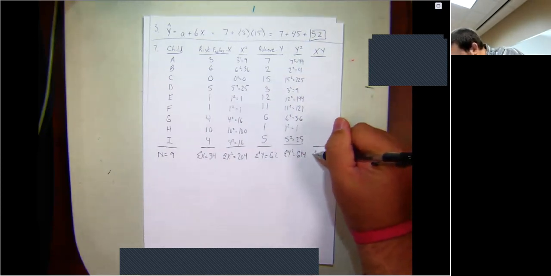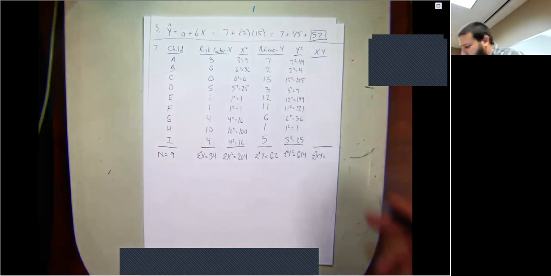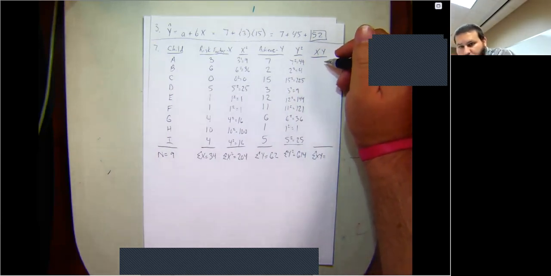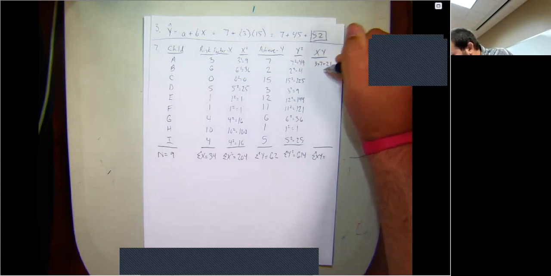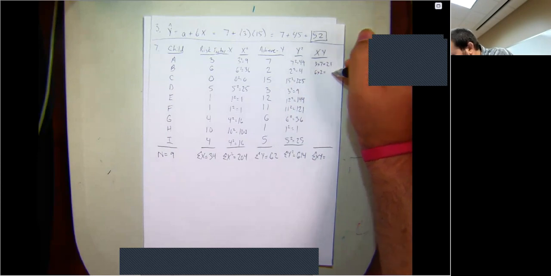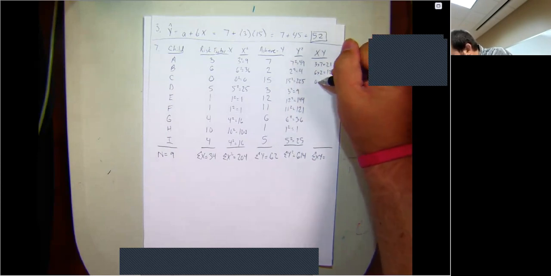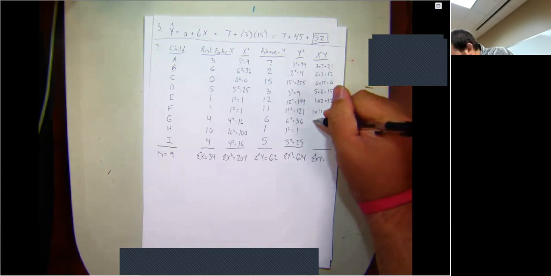And then the sum of x times y, we're going to get by doing those for this last column. 3 times 7 for the first person is 21. 6 times 2 is 12. 0 times 15 is 0. 5 times 3 is 15. 1 times 12 is 12. 1 times 11 is 11. 4 times 6, 24. 10 times 1, 10. 4 times 5, 20.